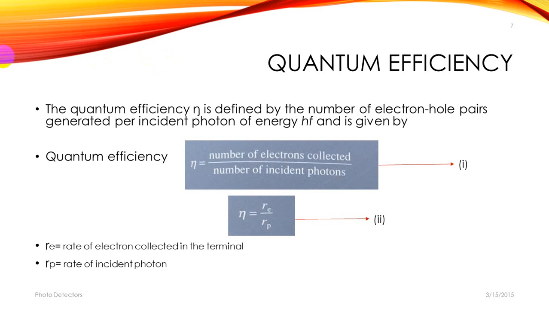It is given by the number of electrons collected divided by the number of incident photons, and mathematically it is equal to Re by Rp, where Re is the rate of electrons collected at the terminals and Rp is the rate of incident photons.